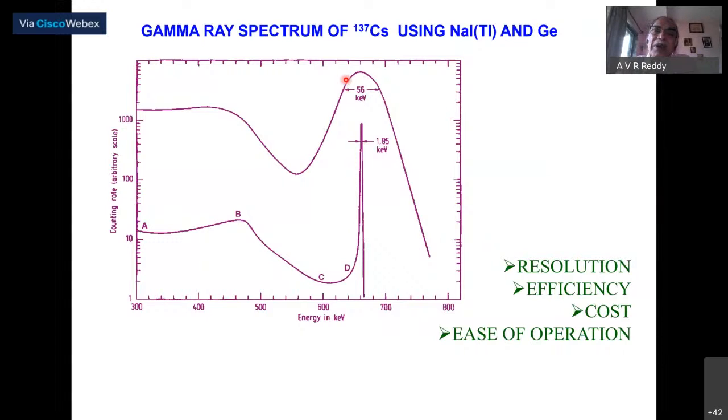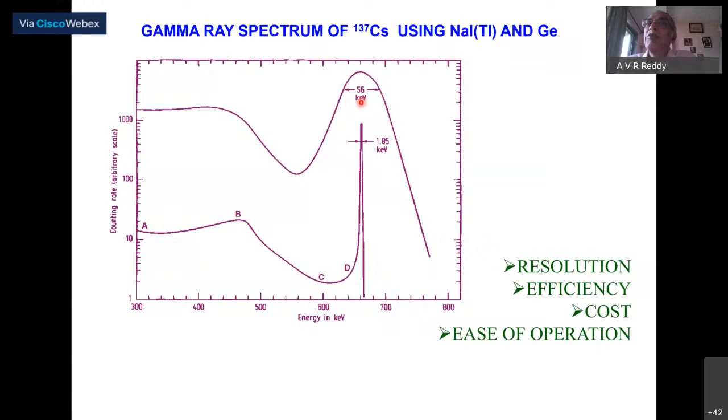Whereas in the case of sodium iodide thallium, you won't get that resolution. But don't forget that if you integrate the area under this peak after subtracting the background, that is directly related to the intensity and directly related to the concentration of that isotope.